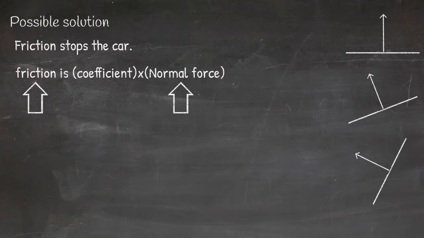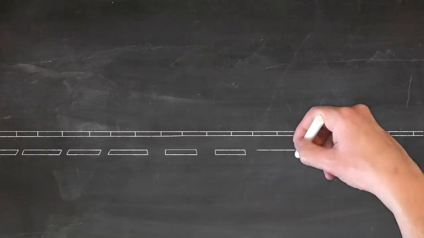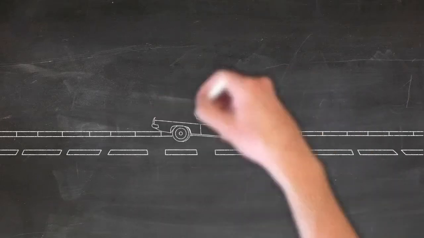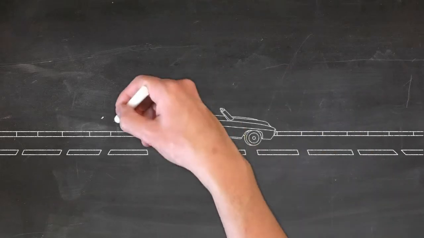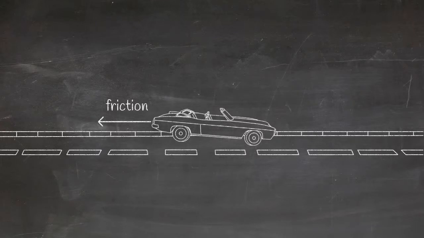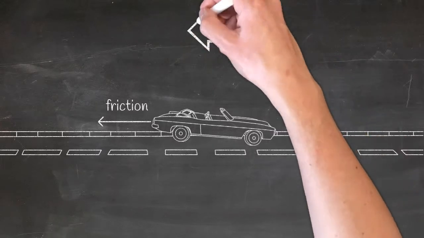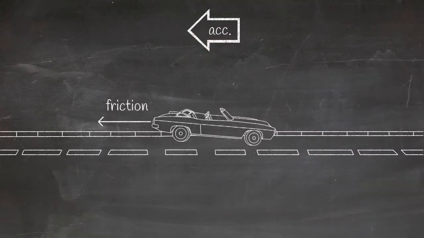Now, since we're dealing with forces and the normal force we want to find, let's take a look at a free body diagram. We've got our car driving along the road. We've already talked about the frictional force pulling towards the back of the car, which is going to be our stopping force. I'll put the acceleration here as well just to remind us that it is slowing down, so the acceleration is also towards the back of the car.